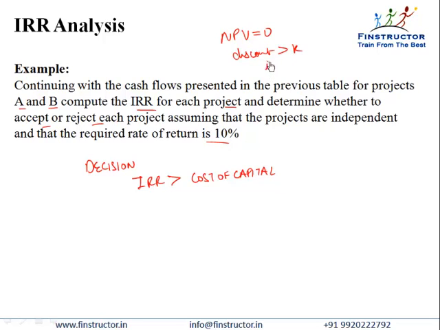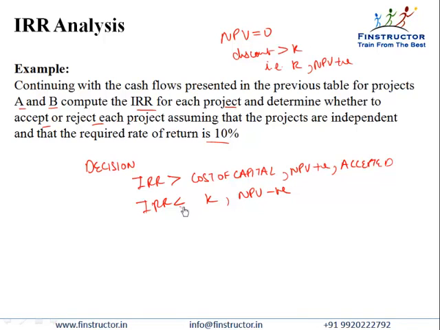That is, if I discount by the cost of capital, the NPV will be positive. So if IRR is greater than the cost of capital, the NPV of the project will be positive and the project should be accepted. If on the other hand the IRR is less than the cost of capital, then the NPV will be negative.